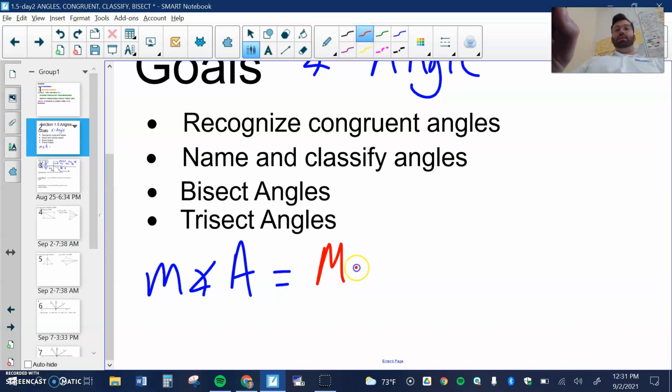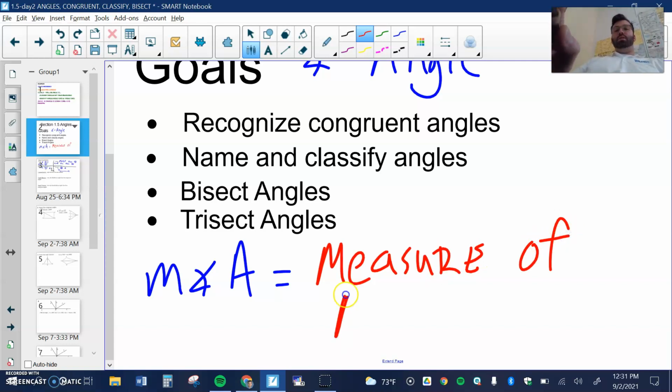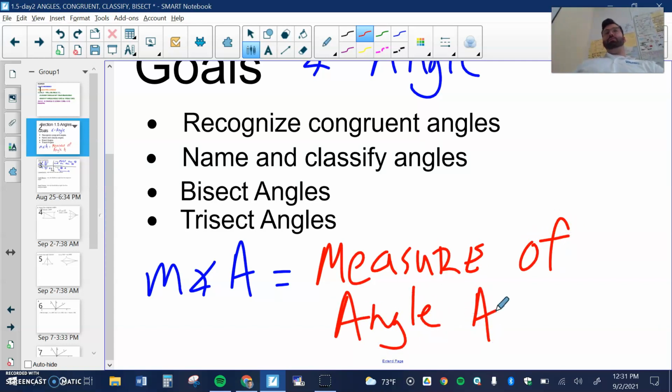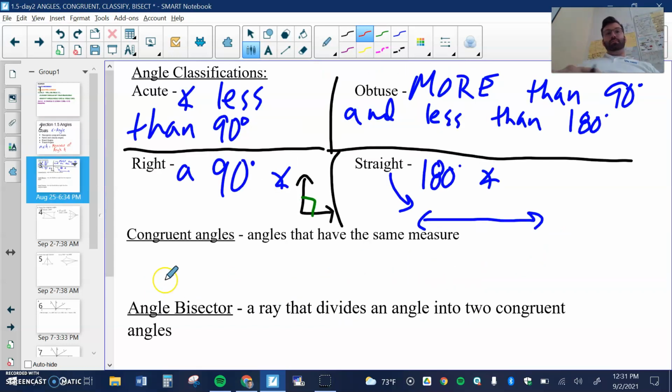How you read this, that little M stands for measure. We say measure of angle A. Now, obviously, it can be any letter. It could be measure of angle B or ABC or DEF, whatever. But this little M means measure. Angles we're talking about having the same measure.